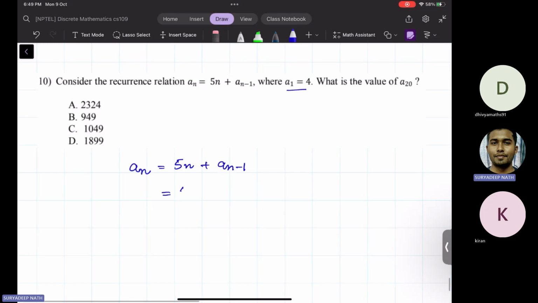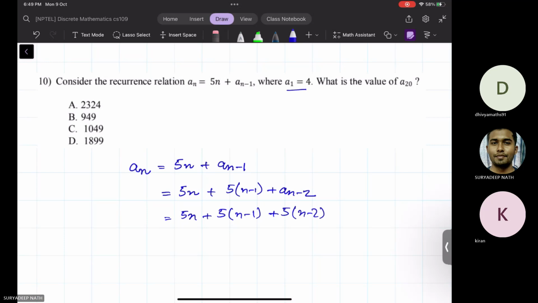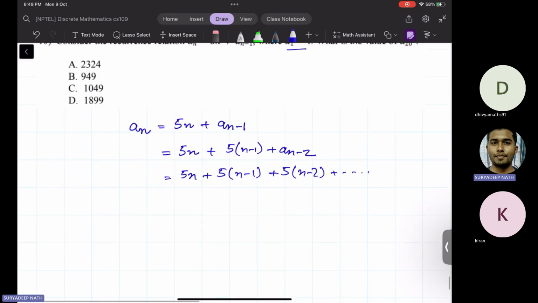So we can expand a n minus 1 again. It would be 5 times n minus 1 plus a n minus 2. This would be 5n plus 5 times n minus 1. Again, we can expand a n minus 2, and so on.